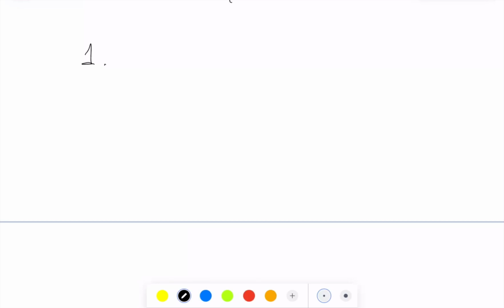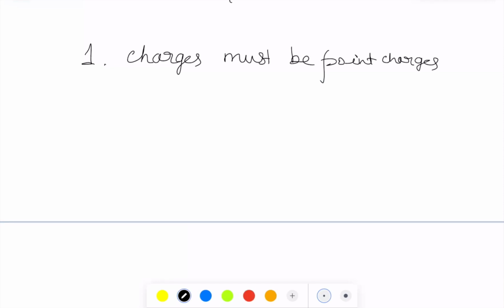That means charges should be clearly separated, there exists some distance between the charges. If the two charges lie one on the other, then we can't apply Coulomb's law. So charges must not overlap.